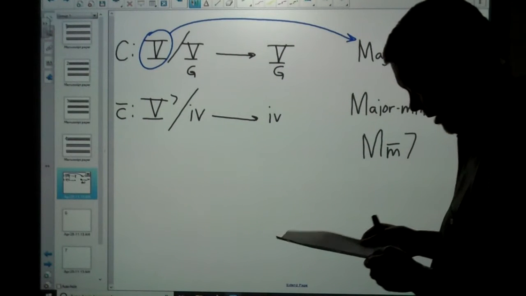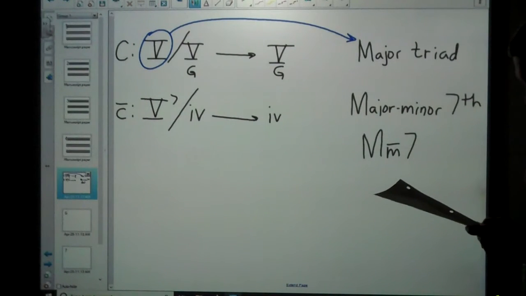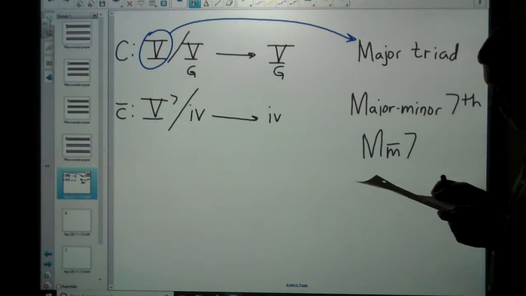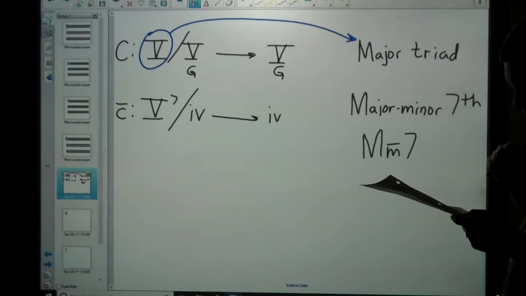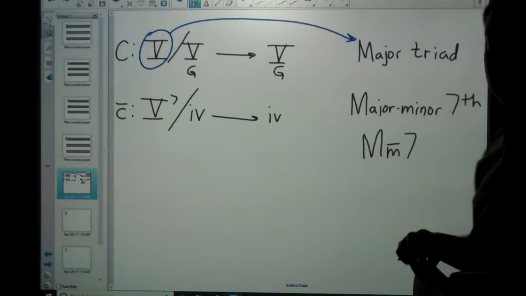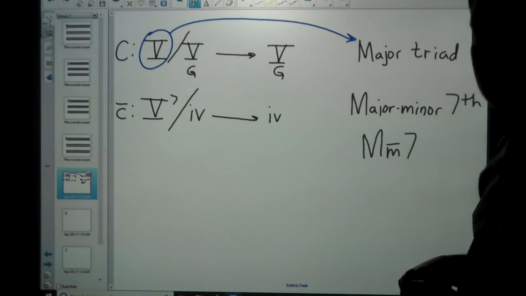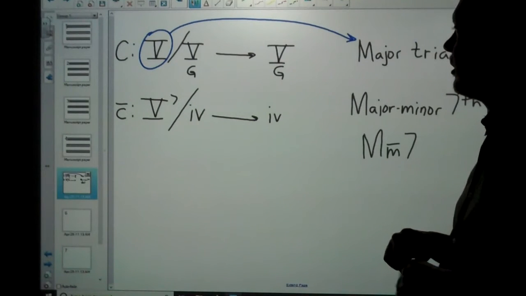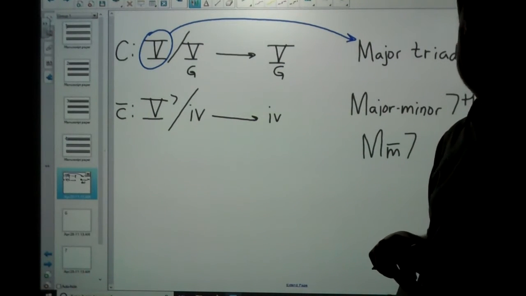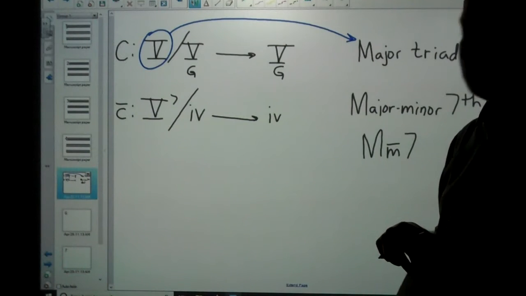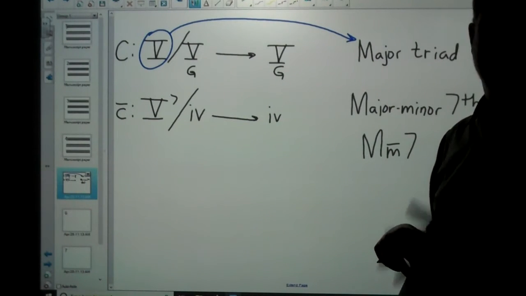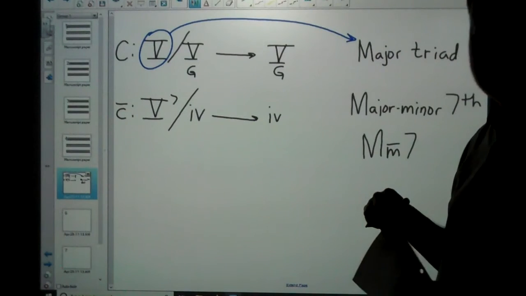Okay? Now, since these chords normally do not belong to the key in which they are used, they usually contain at least one accidental. Sometimes secondary dominants or secondary dominant seventh chords contain more than one accidental. That's fine. There's no limit, there's no rule as to which accidentals you can write on the chord and which you can't, or how many you can and how many you can't.